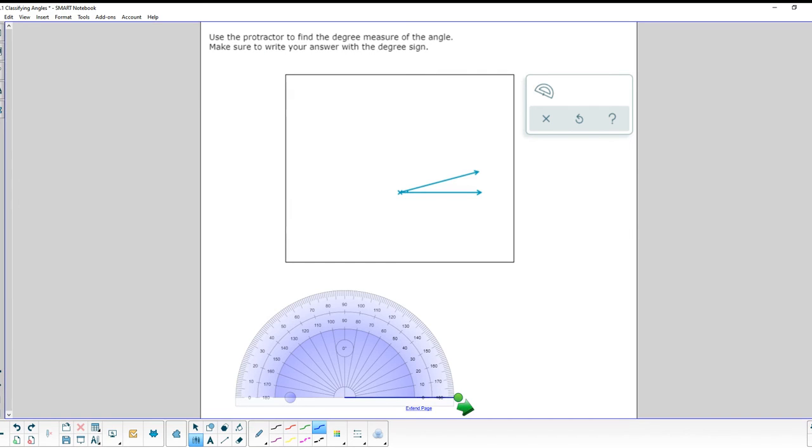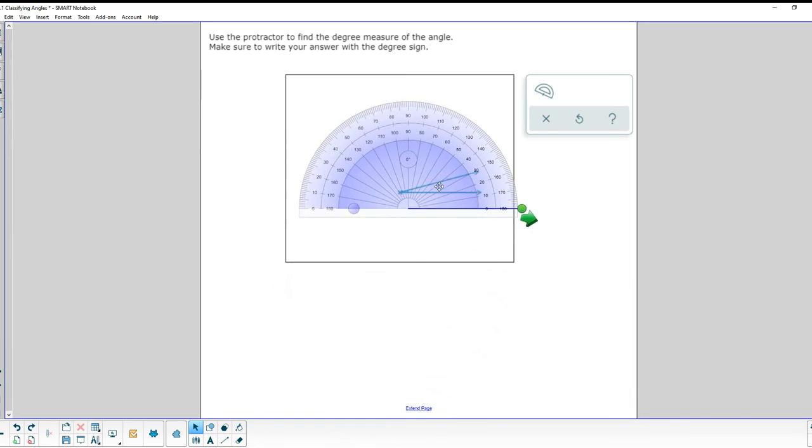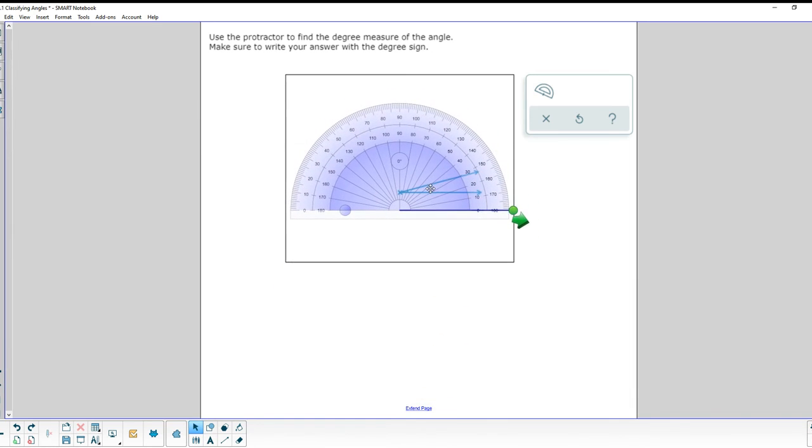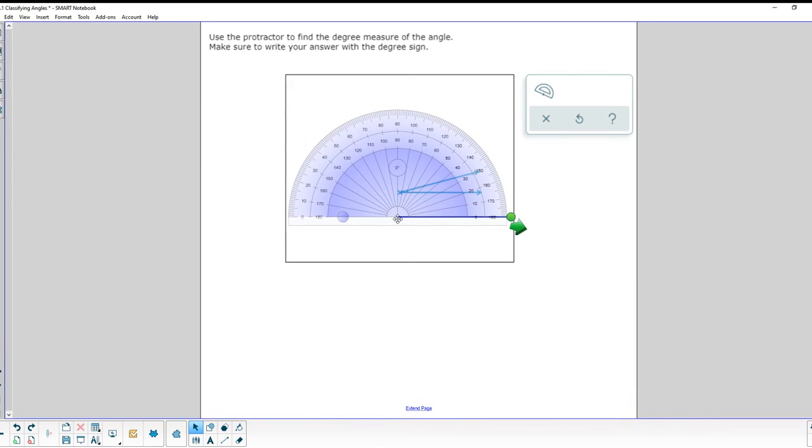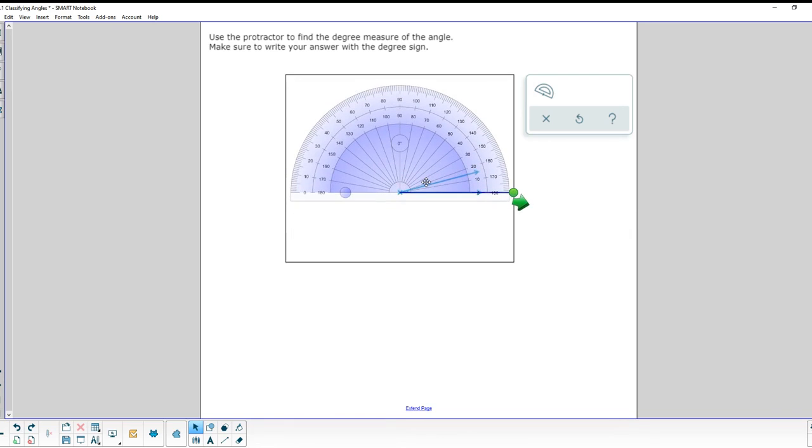Okay, now we've got a couple of problems where we're going to use a protractor. Use the protractor to find the degree measure of the angle. They give you a protractor that you can grab in Alex, but I actually have one here that's a little easier for me to use. When you use a protractor, you take the little 0 dot, or the center of your protractor, and put it on the vertex. Then the bottom of the protractor coming out on the 0 degree line lines up just like that.